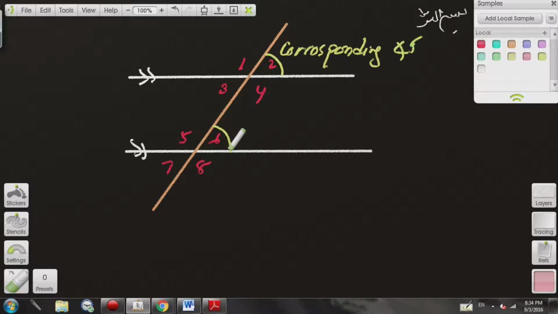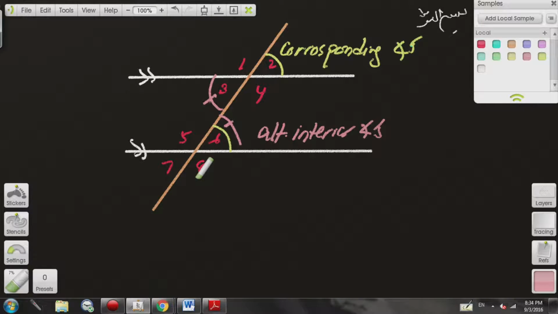Corresponding angles. Okay. Angle 3 and angle 6, these two, are called alternate interior angles, because everything inside the parallel lines, those are interior angles. Everything outside here, those are exterior angles.